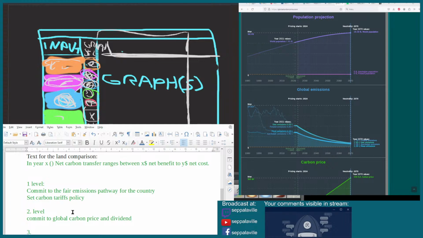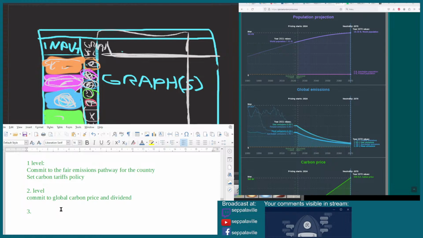There's already on the website the possibility to have a national dividend instead of the global dividend, but maybe it's not fair.